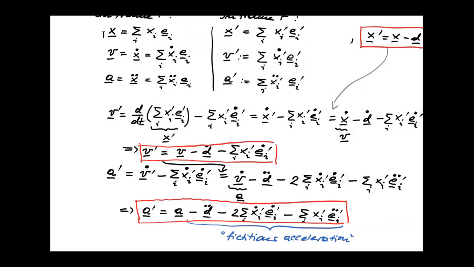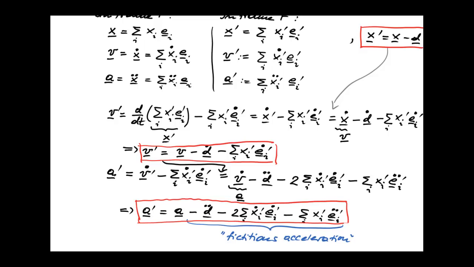And there you see in the second red box in the middle, there's a formula for v prime. And that's the formula that describes how the velocity in one frame is related to the velocity in another frame.